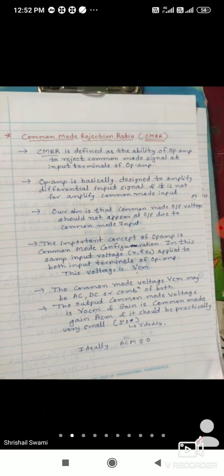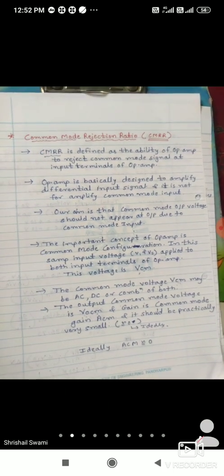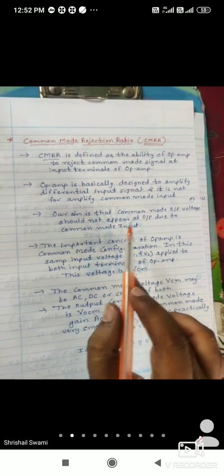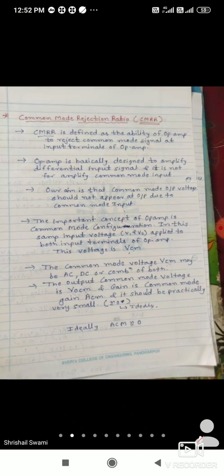Whenever the two inputs are the same, due to noise or disturbance some common mode signal exists and it should not get amplified. That is our aim, that the common mode output voltage should be 0 volt due to the common mode input.